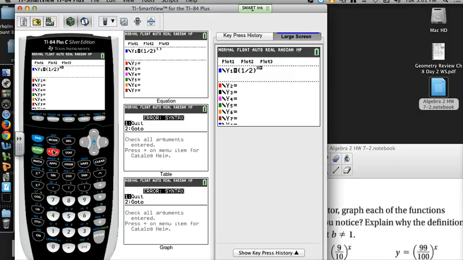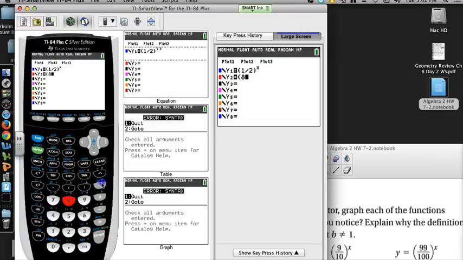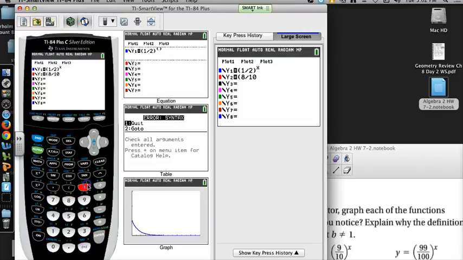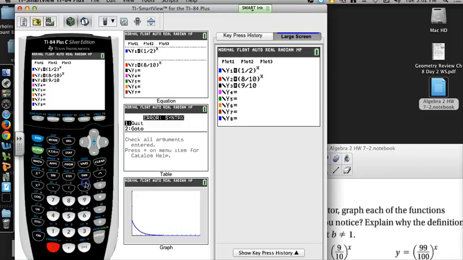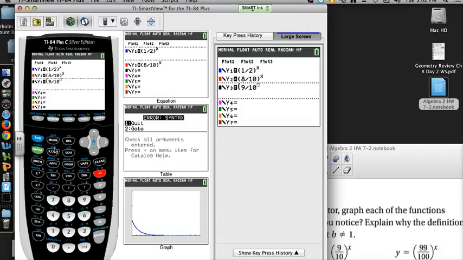All right, this thing is really clunky. So now that one's in there, and then the next one was 8/10 to the x power. And the next one is 9/10 to the x power. Didn't grab my parentheses again, little stinker.